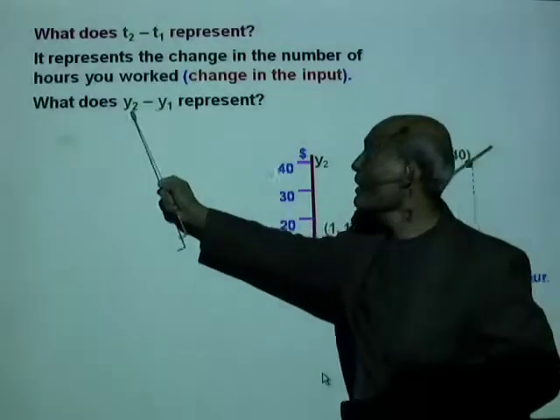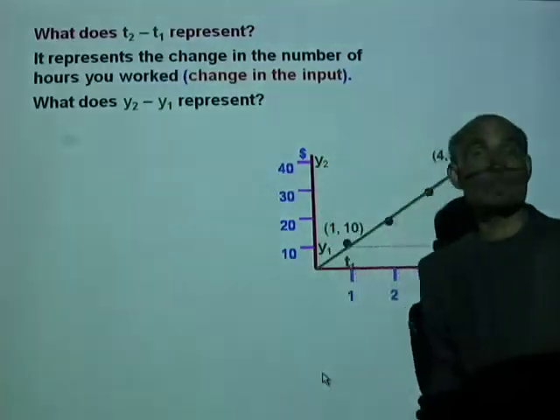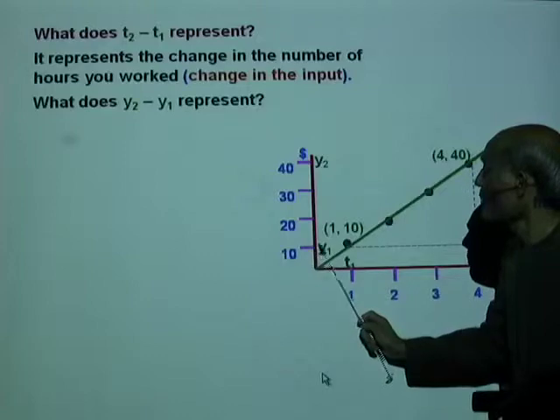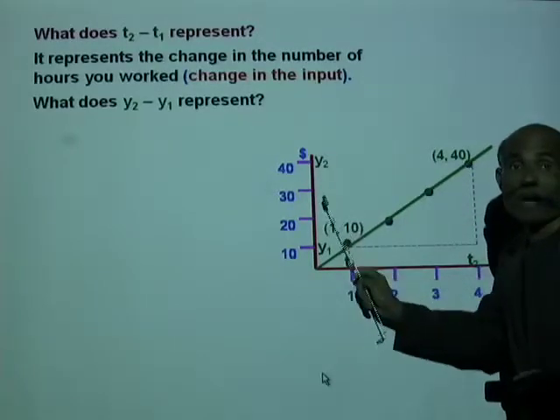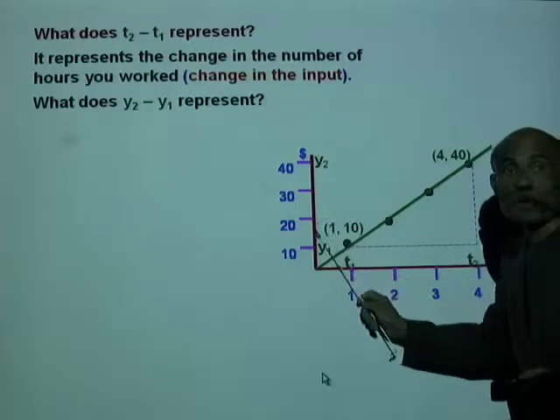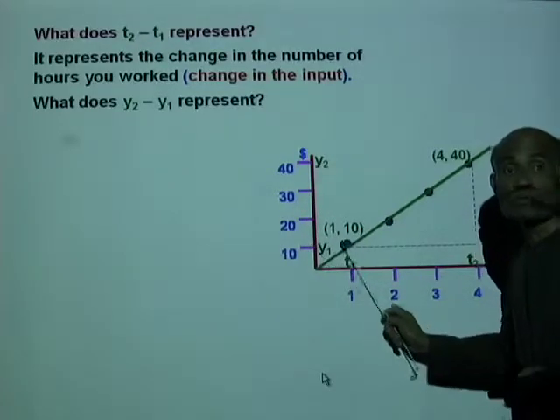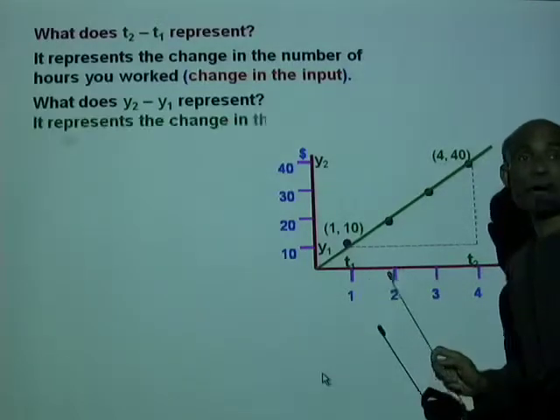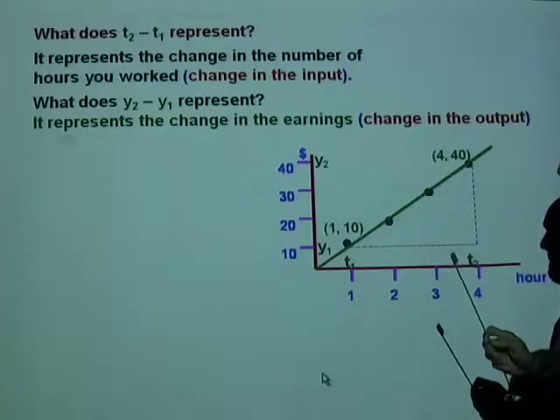So tell me, what does y2 minus y1 represent? This is y2, $40, y1 is $10, y2 minus y1 represents the corresponding change in the output when input changed by t2 minus t1. That's right.